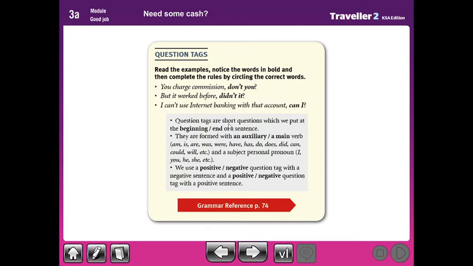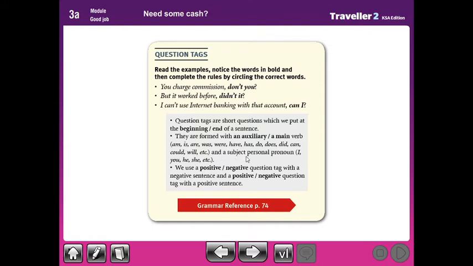Question tags are short questions which we put at the beginning or end of a sentence. They are formed with an auxiliary, like these verbs: am, is, are, was, were, have, has, do, does, did, can, could, will, etc., and a subject personal pronoun.